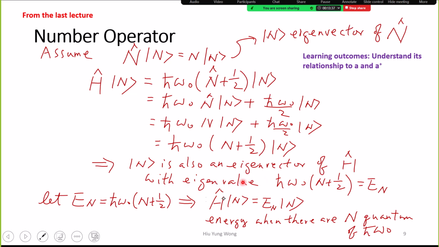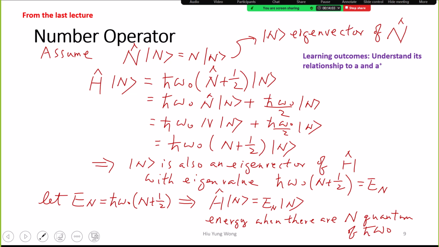So with this, we just set E_N equal to h bar omega N. This is not an operator. Again, this is the eigenvalue of the capital N, right? So based on this, we can interpret the result as the energy when you have capital N number of photons.